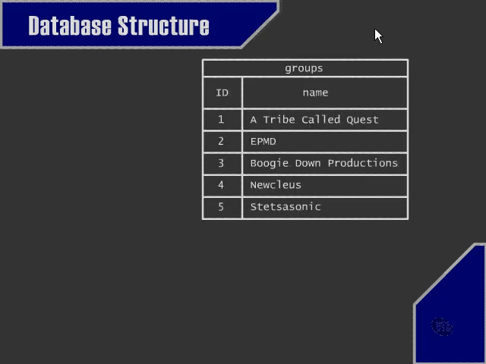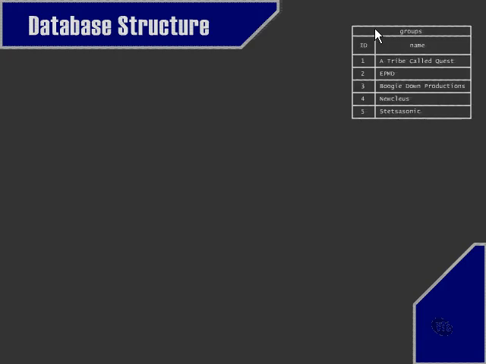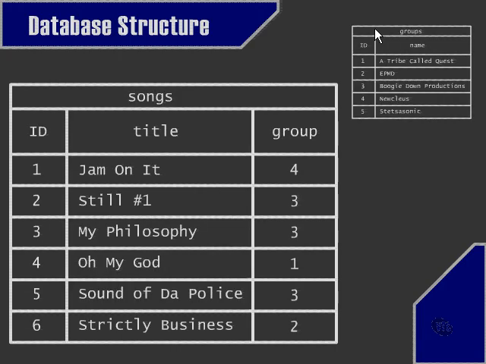Now let's take a look at the other table that we're going to be using in our hypothetical database application. This table is the songs table and is set up in a very similar way to the groups table.